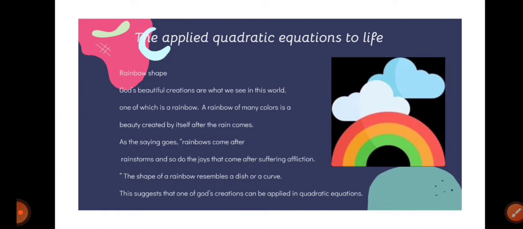As the saying goes, rainbows come after rainstorms, and so do the joys that come after suffering. The shape of a rainbow resembles a dish or a curve. This suggests that one of God's creations can be applied in quadratic equation.